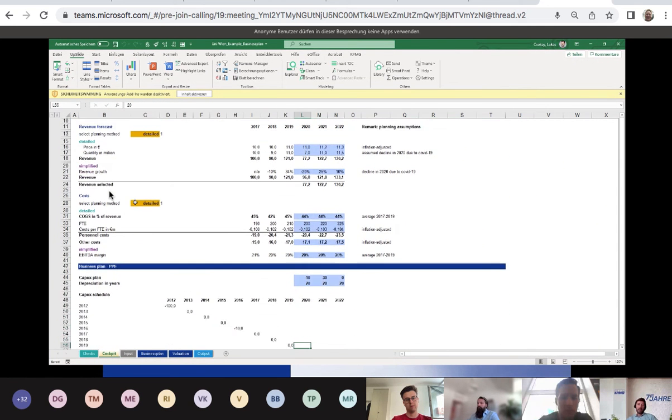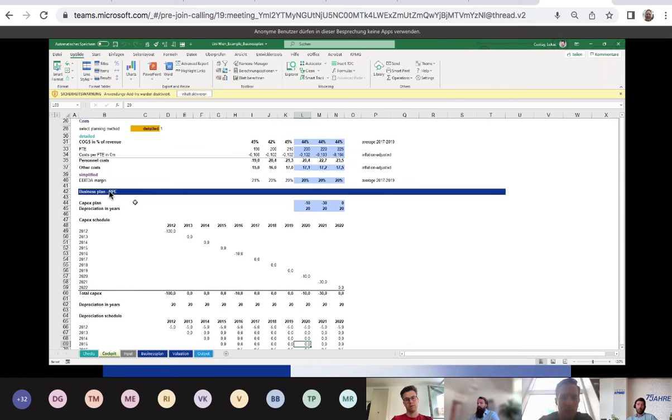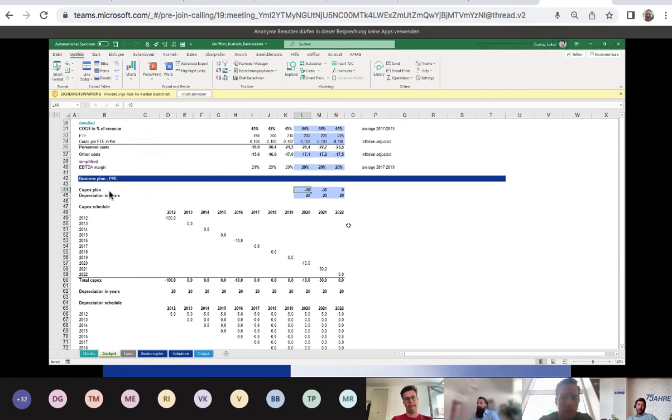I have a CapEx schedule where I assume CapEx of 10, of 30, and of 0 for the next years, and the depreciation assumed for 20 years. Based on that, I have my depreciation schedule.